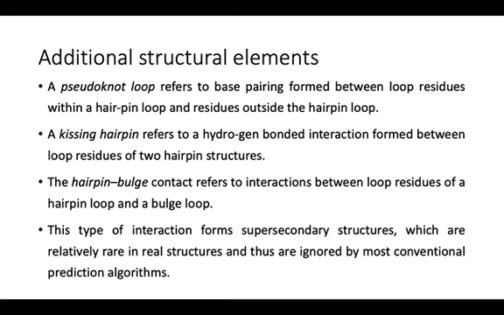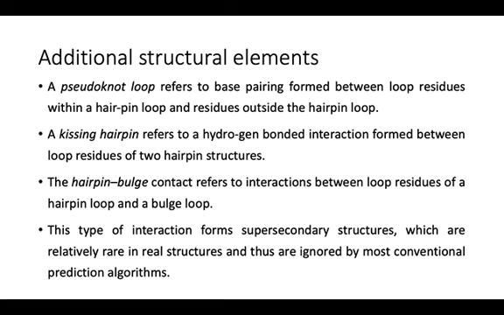A kissing hairpin refers to the hydrogen bonded interaction formed between loop residues of two hairpin structures. So this is the interaction between the loop residues of two hairpin structures. Two hairpin structures have their loop residues try to interact with each other.